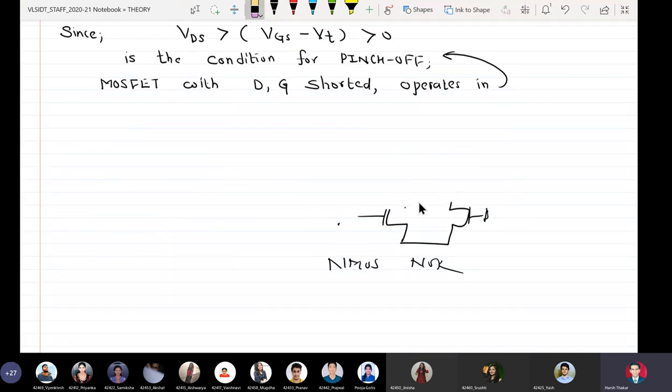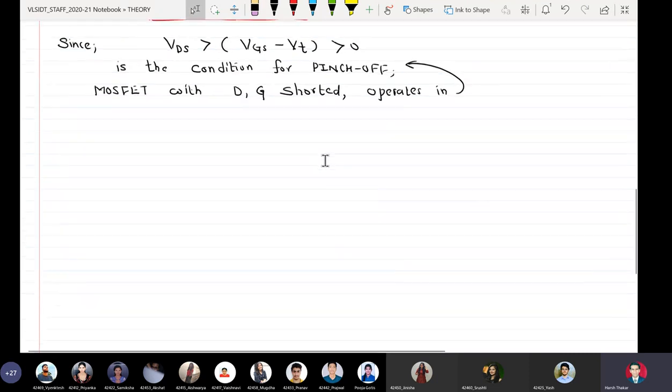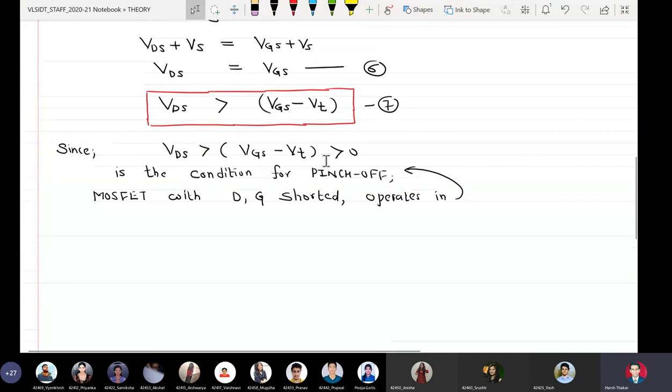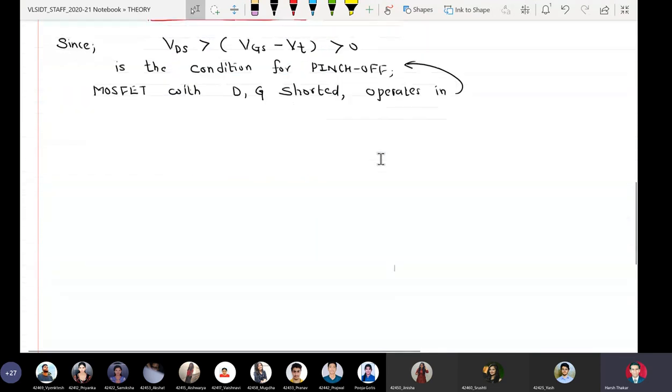Okay, so we are going to frame some general rules today, and we will go on to learn how to actually derive NMOS NOR gate, NMOS NAND gate, NMOS inverter, so on and so forth.